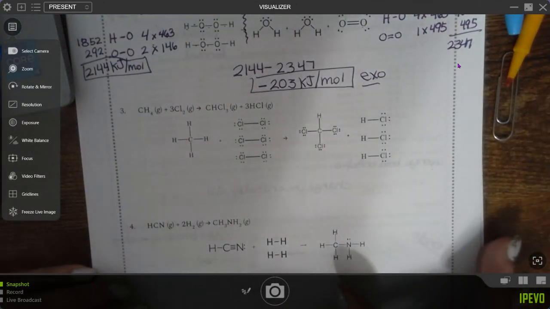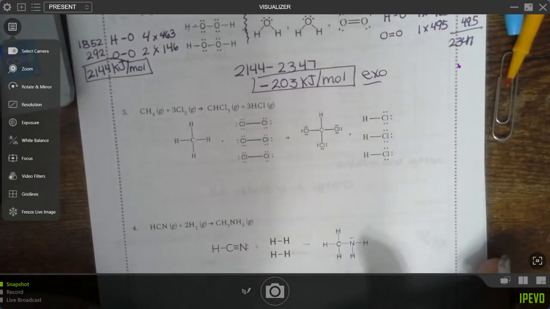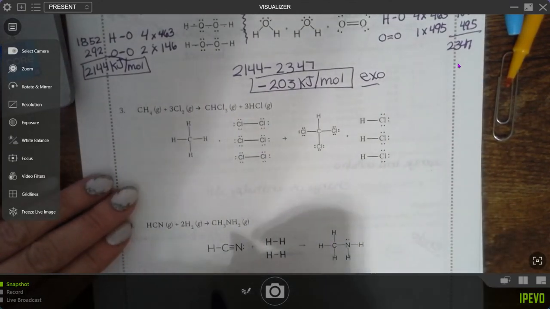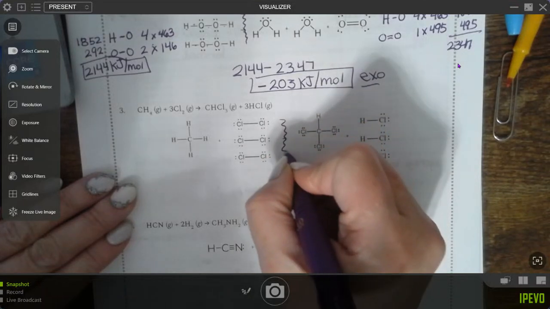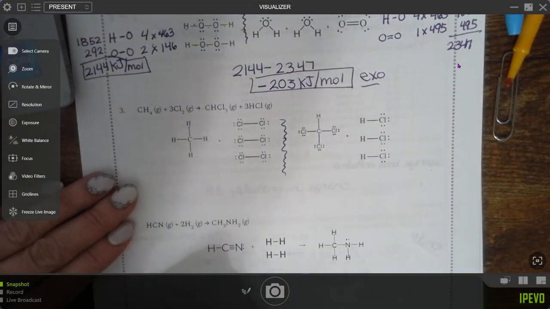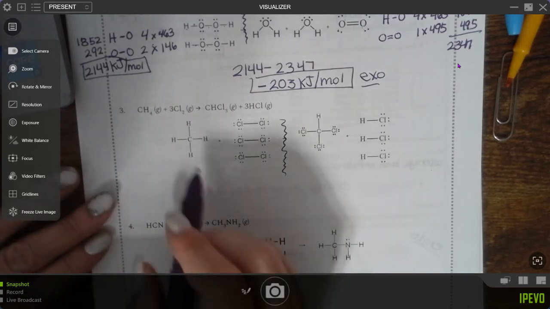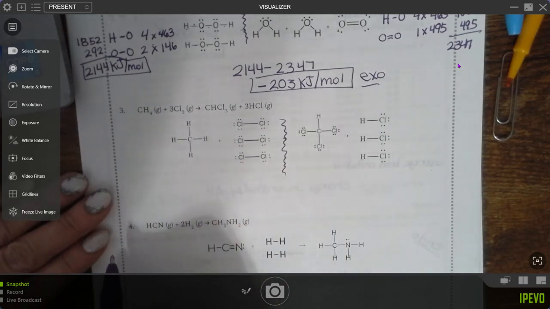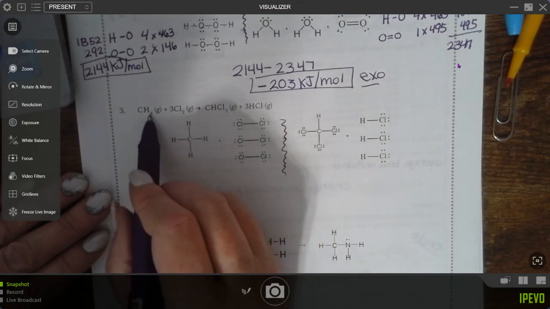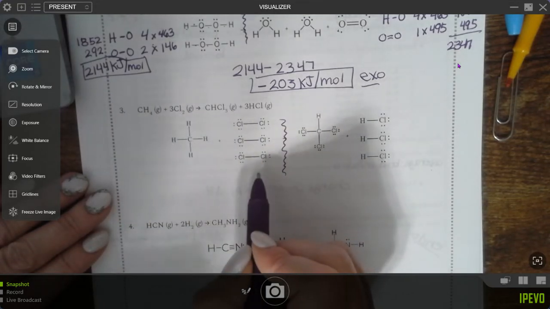All right, so let's do example number 3. We're booking right through these, huh? I always like to draw this line down so I know where my reactants and products are. In the reactants, I have 1 CH4 and 3 Cl2s.